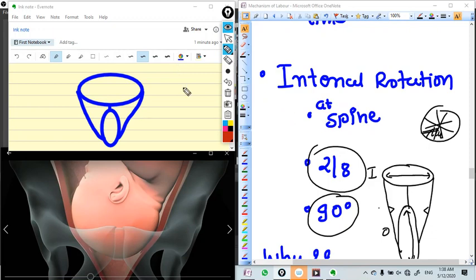The reason is here. The pelvis is like this. If we look at the inlet, the greatest diameter of the inlet is what? The transverse diameter. And if we look at the outlet, the greatest diameter of the outlet is the anteroposterior. You got my point?